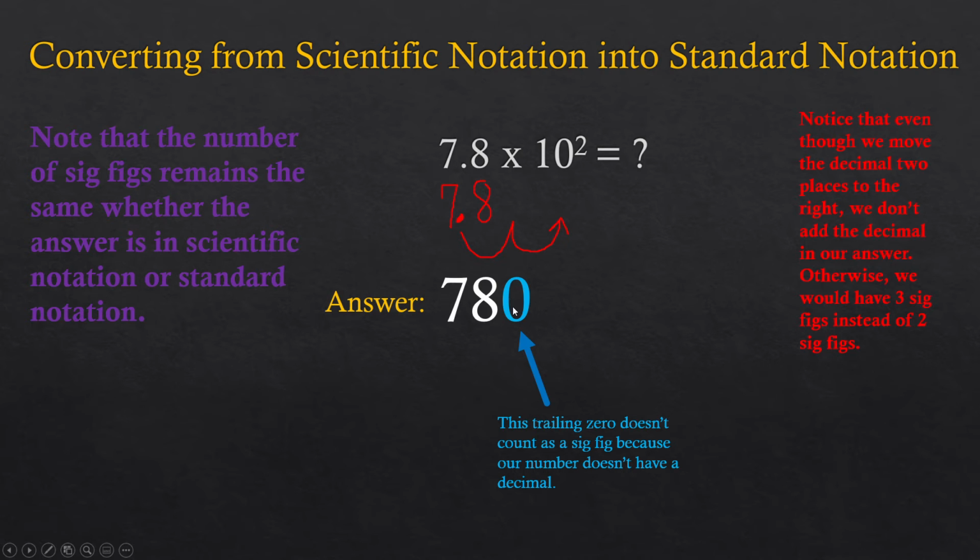Notice that this 0 right here counts as a trailing 0, but it doesn't have a decimal, so it doesn't count as a significant figure. So this right here is going to be our answer because we only have 2 sig figs, just like this right here. Pretty much the only difference between this and this is that this is called scientific notation and this is called standard notation.